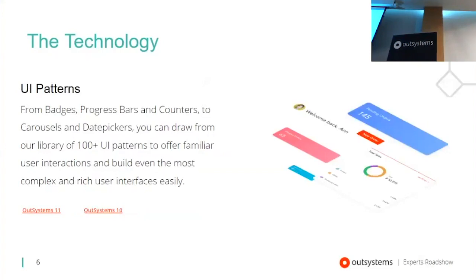It's the progress bar, the calendars, the UI controls like drop downs, radio buttons, and calendars. These are all the smaller building blocks that the OutSystems platform offers, so that all the screens, all the experience that you're trying to give to your end users can be assembled in a faster way.